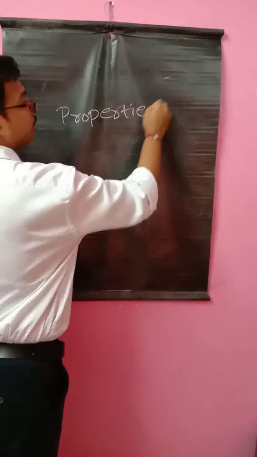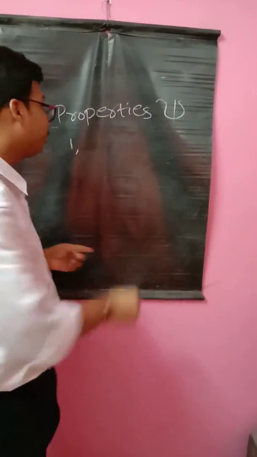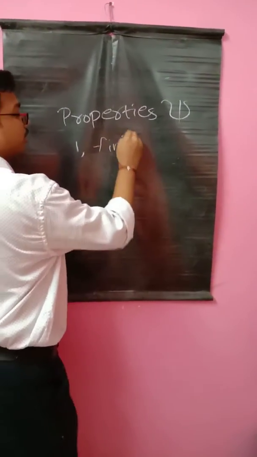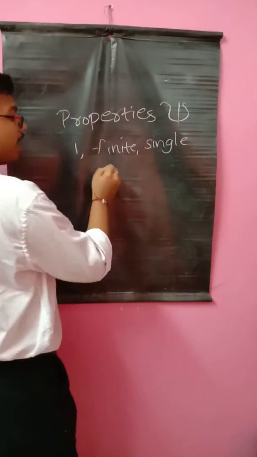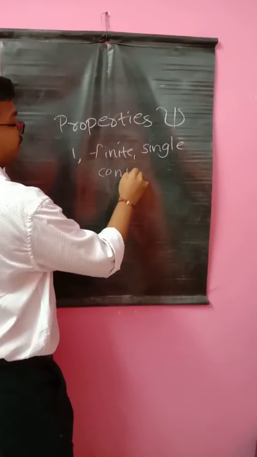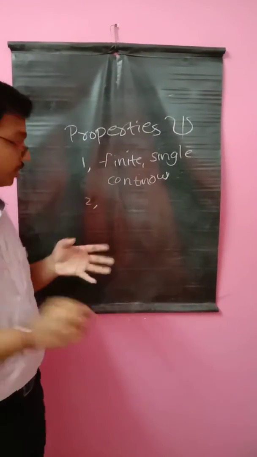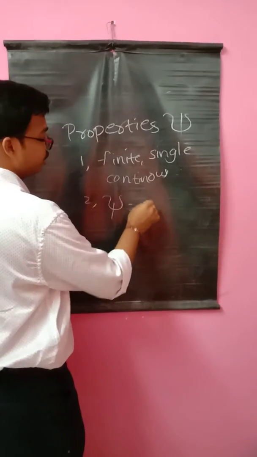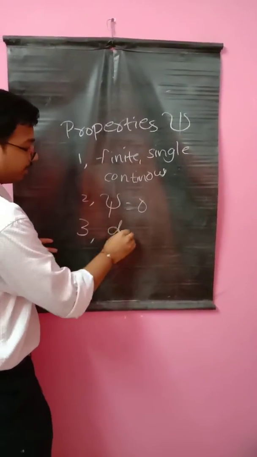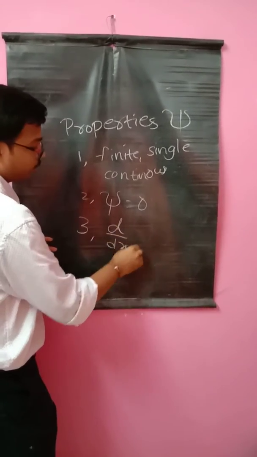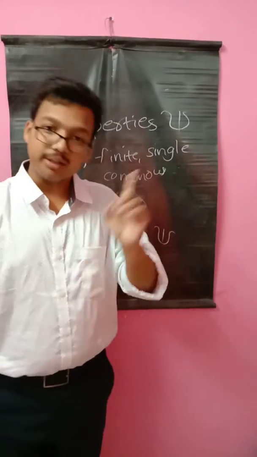Think about it. First, it must be a finite quantity, single valued everywhere, and it must be continuous. At large distances, psi is 0. The derivative of psi with respect to distance is always finite and continuous.